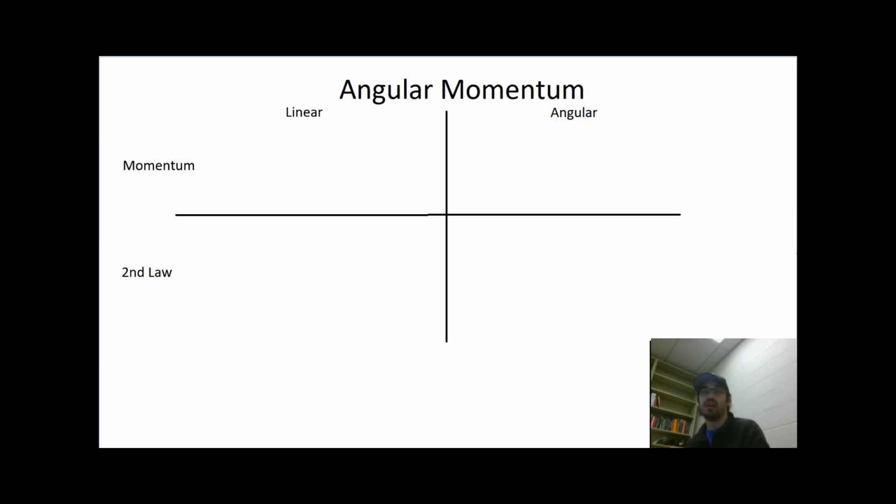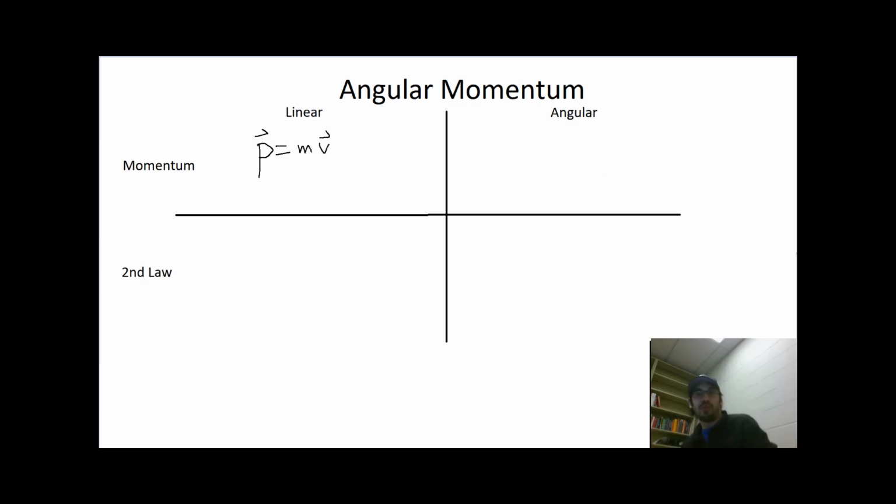To motivate this idea of the symmetry of these equations, I'm going to make a chart of them, and we're going to add angular momentum to this chart. So far here, we have three equations that we already know. The first equation that we know is the linear momentum equation, and that says that P vector is going to be equal to mv vector.